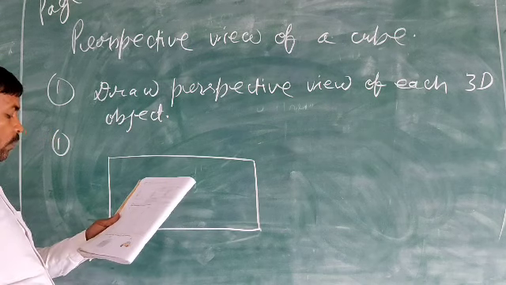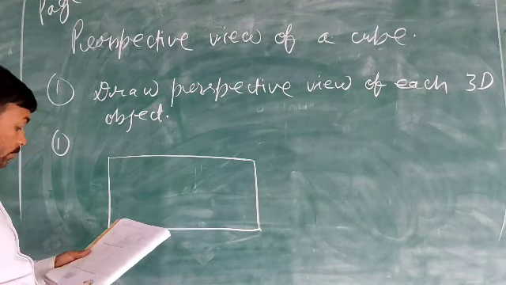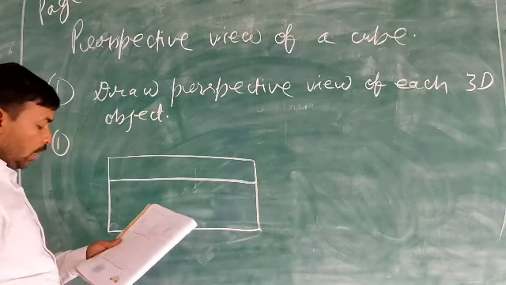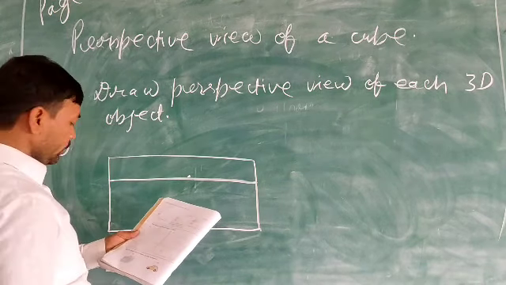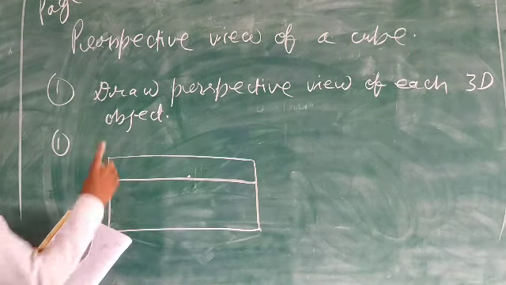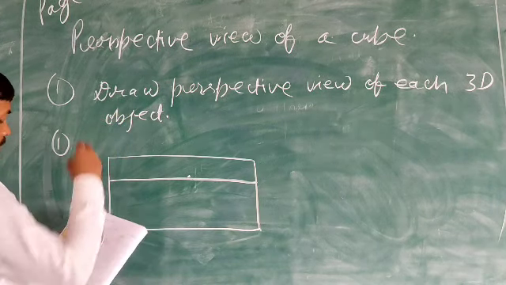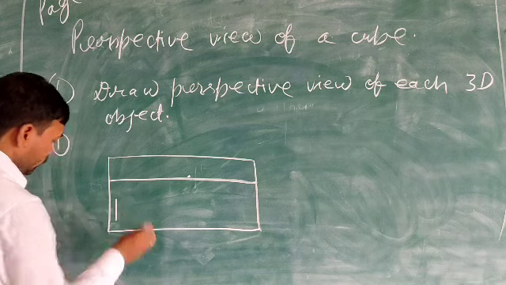And one face of this object is given here in the corner, and a horizontal line is drawn, and here the vanishing point is mentioned. So the object is this, that is, one face of that three-dimensional object is given here like this.